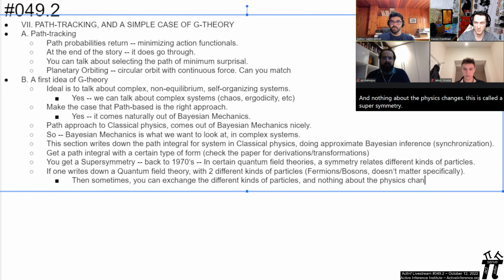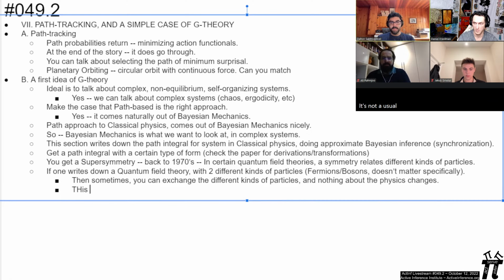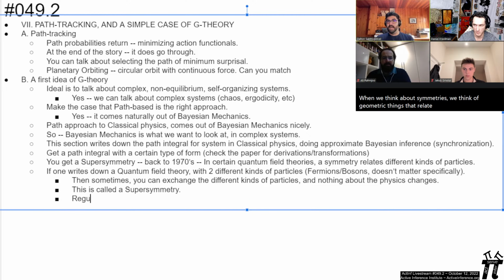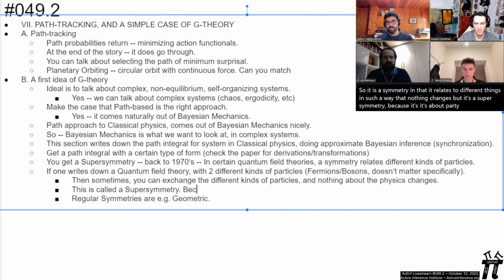It's not a usual symmetry in the sense that, when we think about symmetries, we think of geometric things that relate, say, two different sides of a shape. So it is a symmetry in that it relates two different things in such a way that nothing changes, but it's a supersymmetry because it's about particles, not shapes, say.